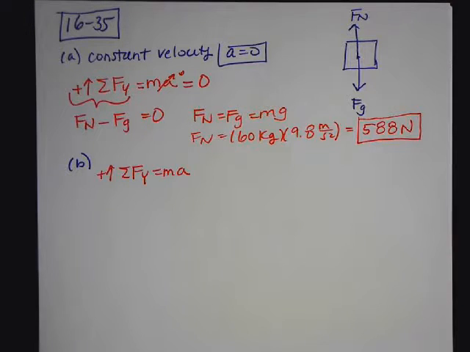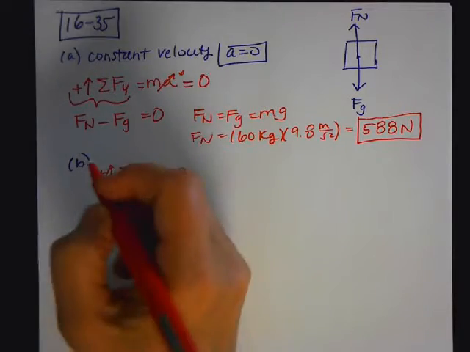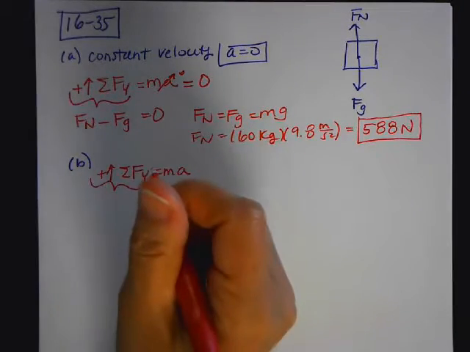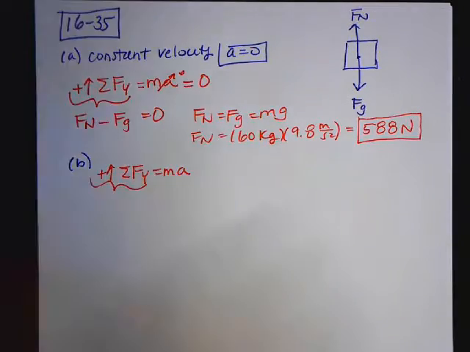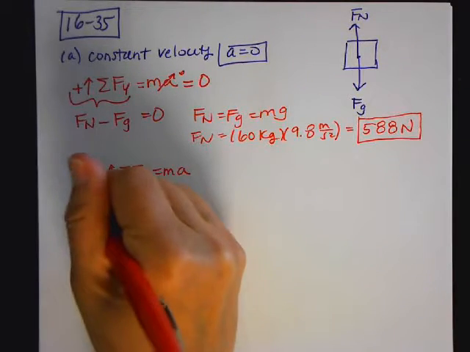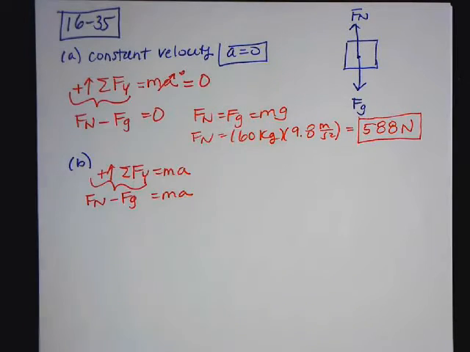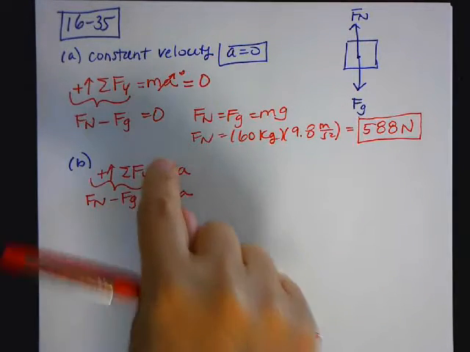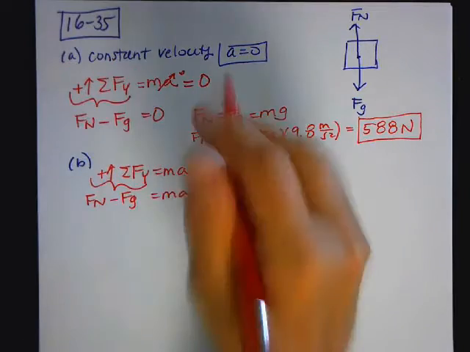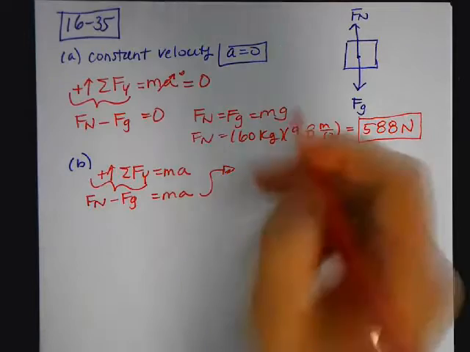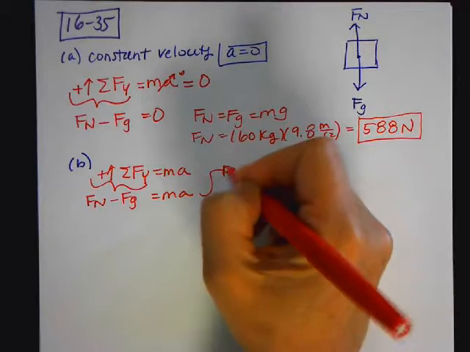Okay, what I'm going to do is look at this problem. So now I'm going to rewrite this, and I'm going to look at my free body diagram. So Fn is positive minus Fg is equal to ma. So this is a point, this is a point. Now when I rearrange this, I want to solve for the apparent weight, which is the normal force.